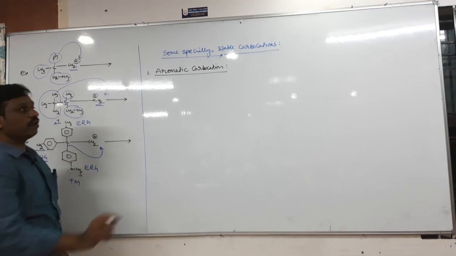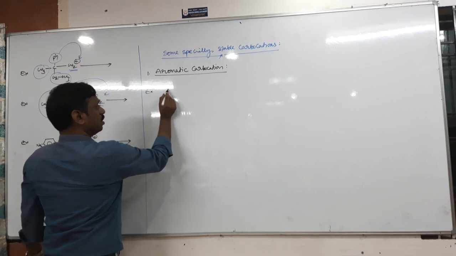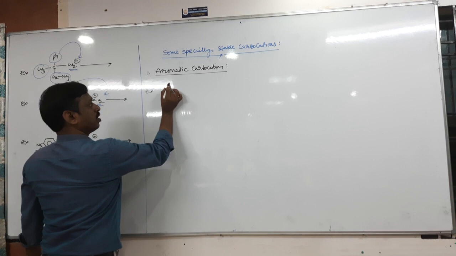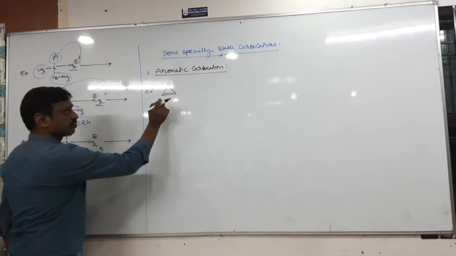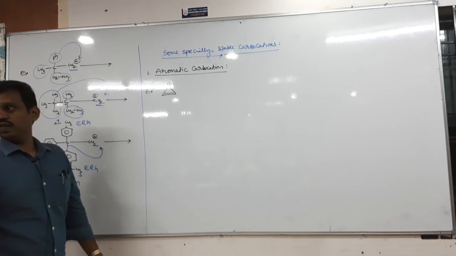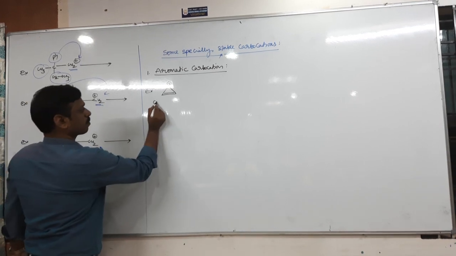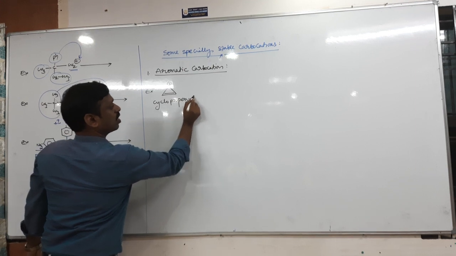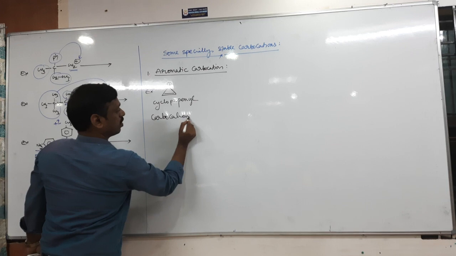Okay, can you tell me an example? Which example have we studied? It is a 3 carbon ring having a positive charge and 1 double bond, which is called the cyclopropyl carbocation. Right?